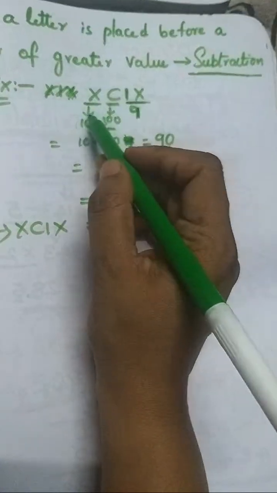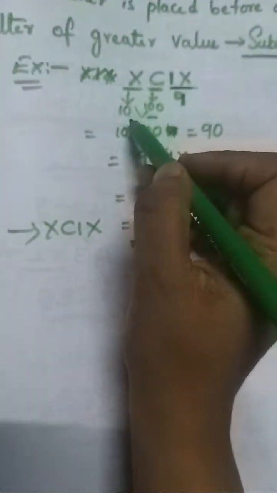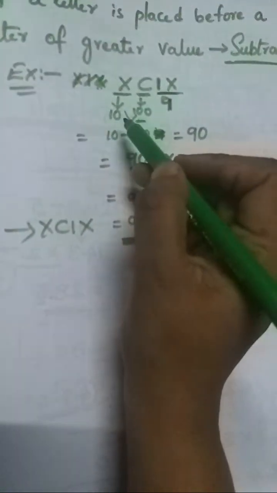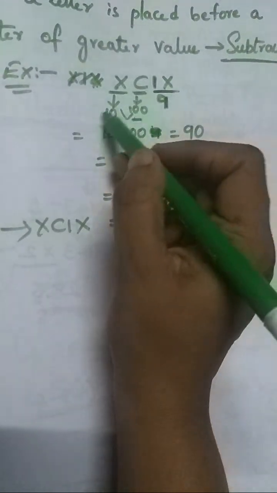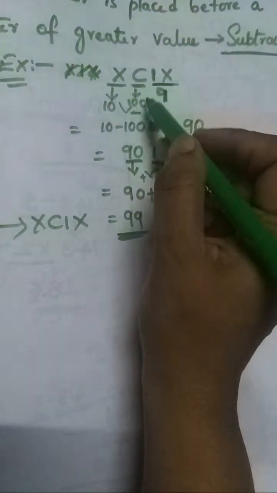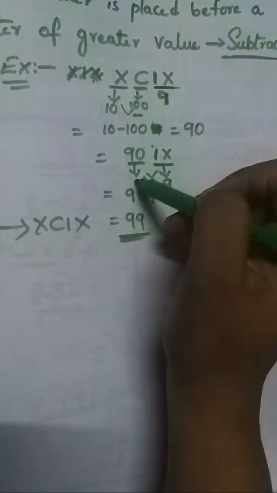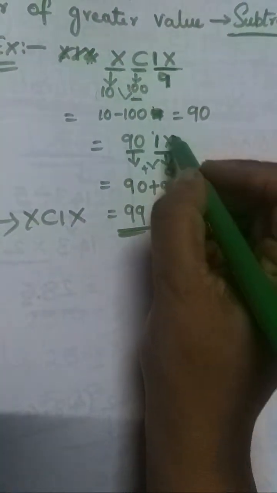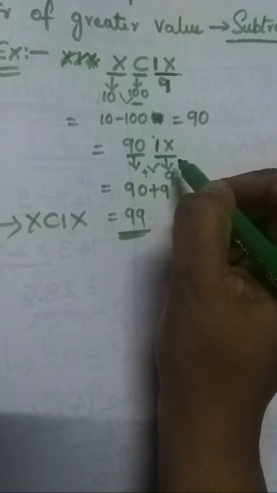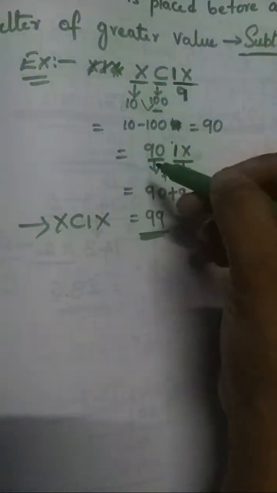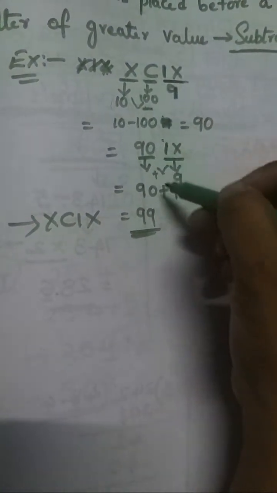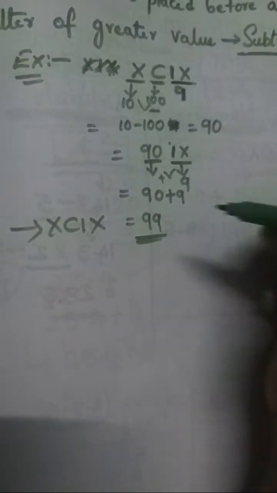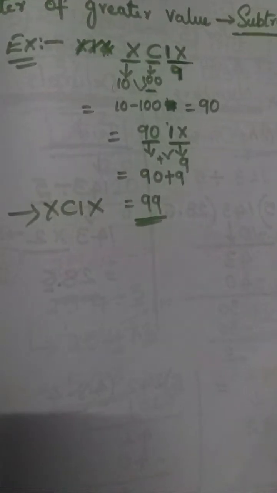Here before a greater value there is 10, a smaller value is there, so we have subtracted 100 minus 10, 90, and the remaining 9 is there. 90 and 9 is there, so after a greater value a small value is there, so we have to add. From rule 2 we are going to add these numbers. Okay, so 90 plus 9, we get 99. Like this we have to do.